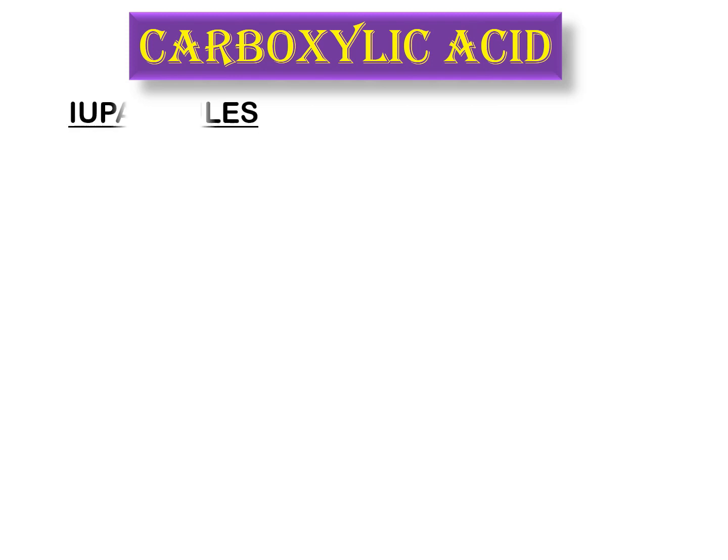Now let's see how we can name carboxylic acids according to IUPAC rules. Before moving on to the IUPAC rules, you must remember that carboxylic acids are ranked higher in priority than other functional groups such as carbon-carbon double bonds, carbon-carbon triple bonds, alcohols, ethers, amines, halides, ketones, aldehydes.